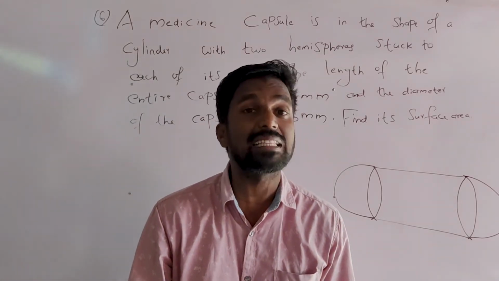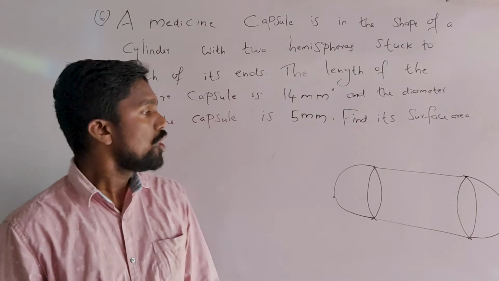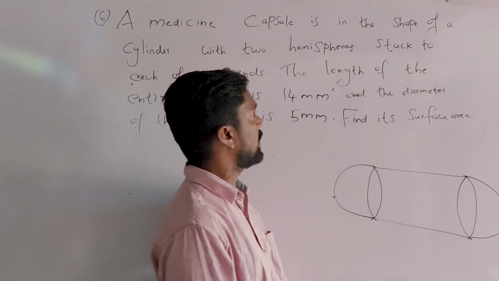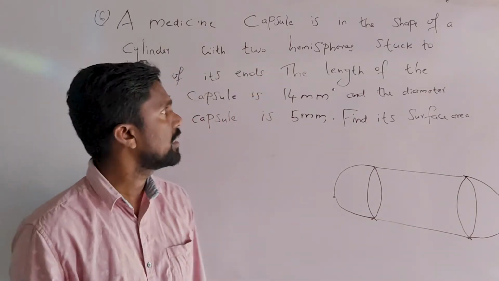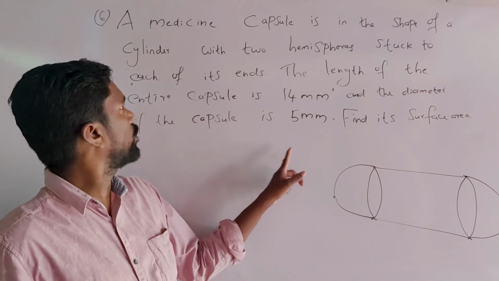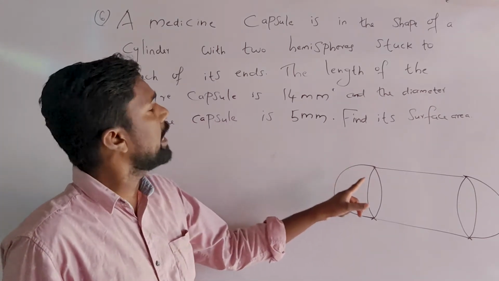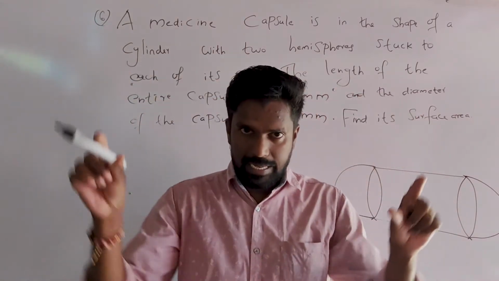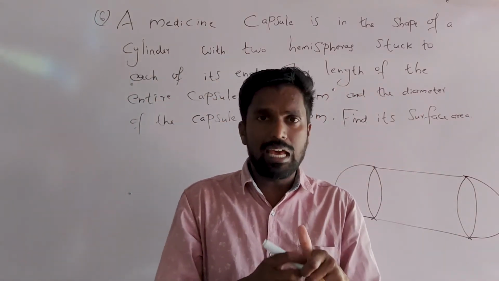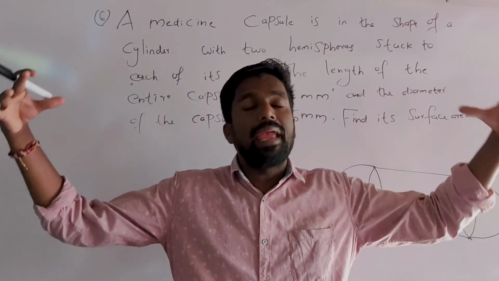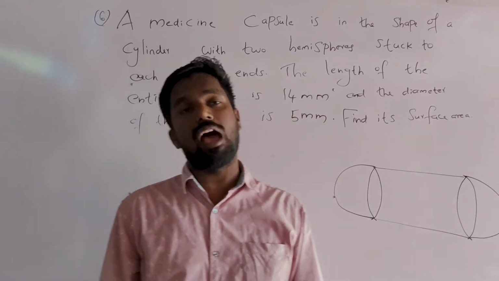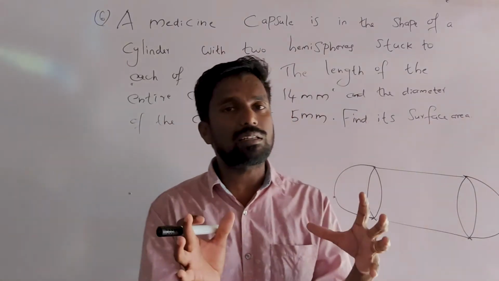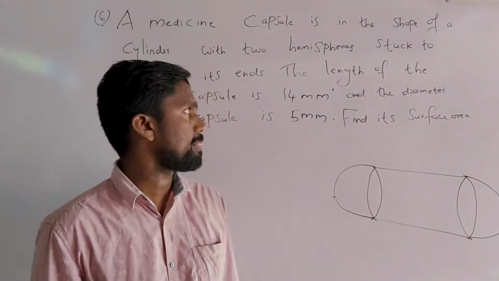Stuck means attached. 2 hemispheres are attached to each of its ends. That means a cylinder, and at both ends a hemisphere is attached.